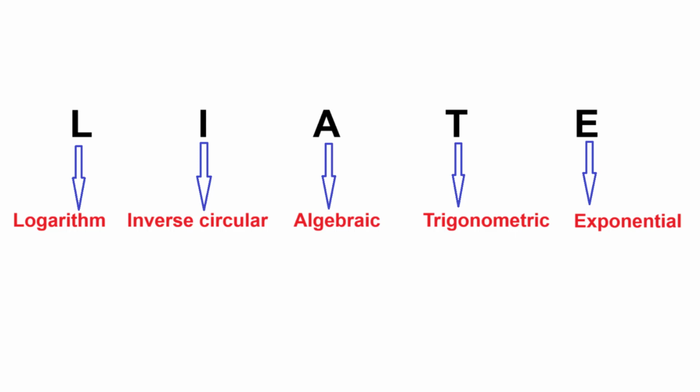If any logarithm function is not present, then you can consider the inverse circular function, which is the thing which we actually did in our last example. And if inverse circular is also not present, then algebraic, and if that is also not present, then we can go for trigonometric, and lastly exponential. So we have to go from left to right in this way.